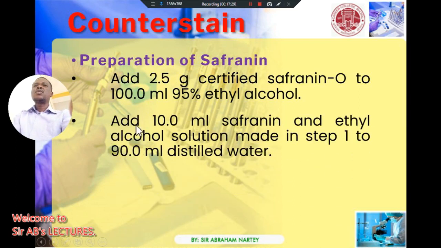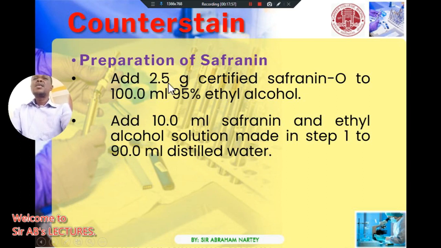The next point, you add 10 milliliters of the safranin and ethyl alcohol solution made in step one. When you take 100 milliliters, you take 10 milliliters out from what you have made in step one to 90 milliliters of distilled water.